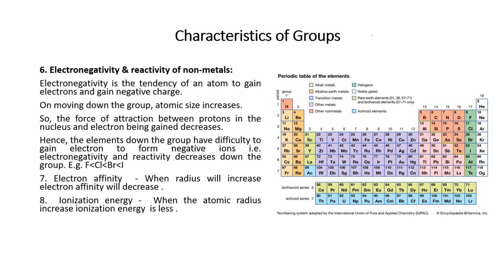Fluorine has 7 electrons in its outer shell: 1, 2, 3, 4, 5, 6, 7. Iodine also has 7 electrons, but its shell number is 4.